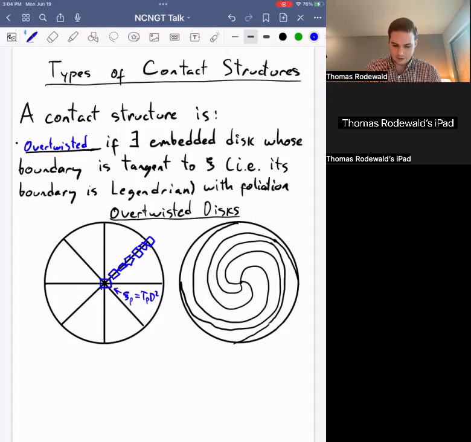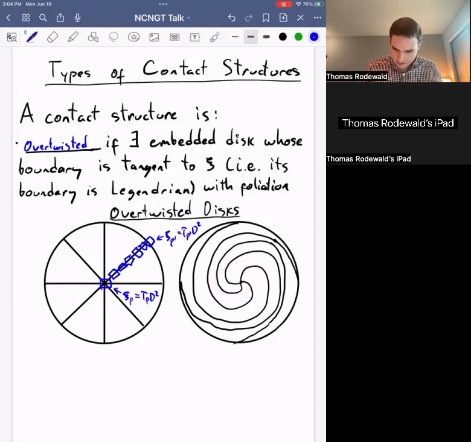Again, at the boundary, the contact plane there is equal to the tangent space of the disk at that point on the boundary. You can get the second disk that I have here from the first one by keeping the boundary of the disk fixed and pushing up on the interior a little bit, and that's going to make the foliations start twisting like that.